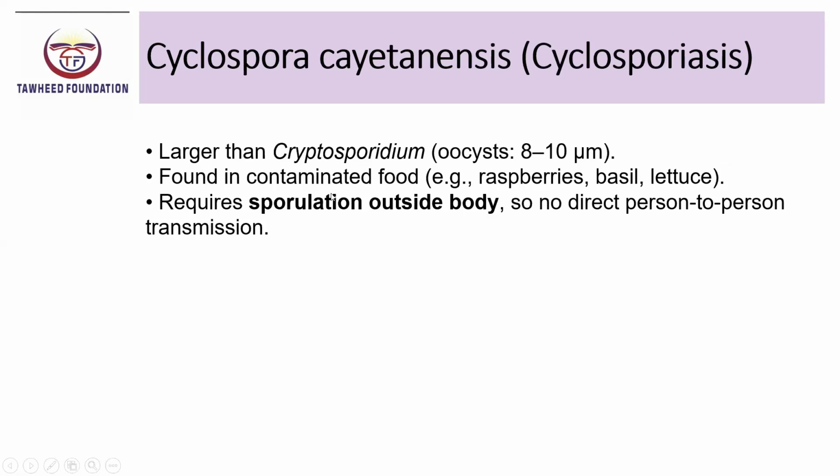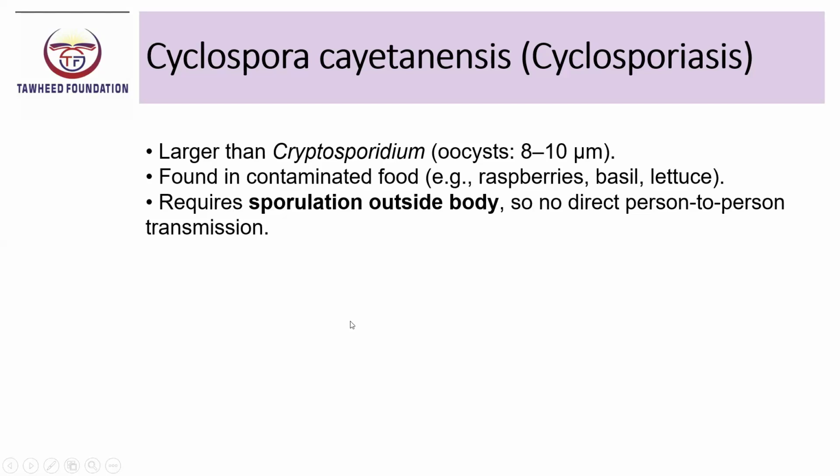Next is Cyclospora. Cyclospora cayetanensis is a coccidian parasite similar to but larger than Cryptosporidium. The organism infects both immunocompromised and immunocompetent individuals and is more common in children less than 18 months of age. The pathogenesis and pathologic findings of cyclosporiasis are similar to those of isosporiasis.